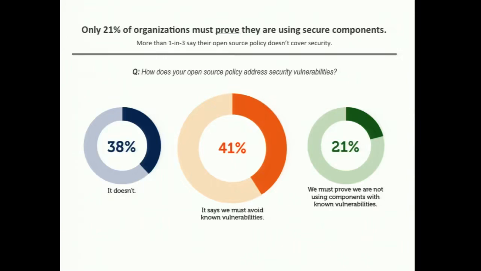Yeah, so that's actually a good transition to the next stat. It was a question really focused on development about how your open source policy addresses security vulnerabilities. 41% said it says we must avoid using known vulnerabilities. 21% said we must prove that we're not using known vulnerabilities, right?